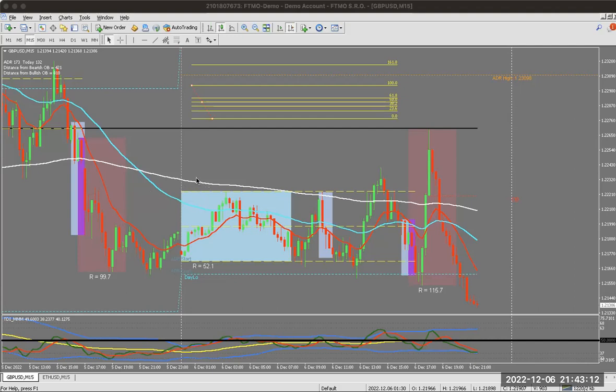Okay, let's see how it's going to look. Let me just confirm. I'm hoping I got it correct because an indicator which I don't use is kind of hard to set up. We need to change the color to black.